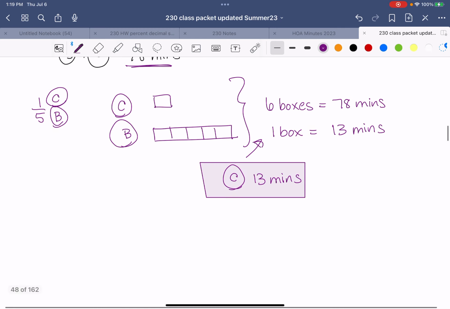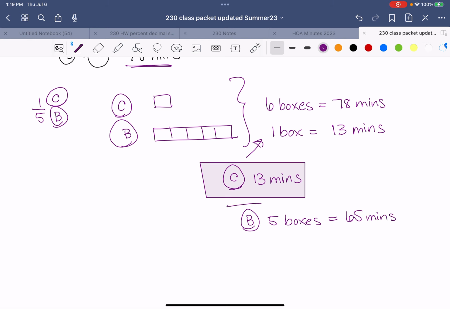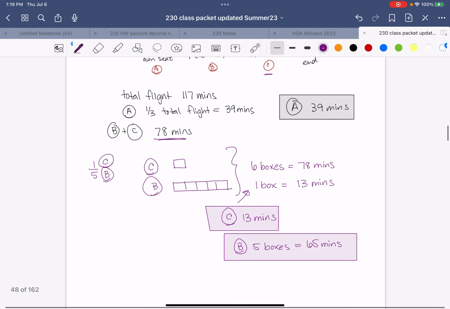And then we need to get part B. So part B is 5 boxes. If I take my 13 times 5, that gives us 65 minutes. Okay, that gives us all 3 pieces.